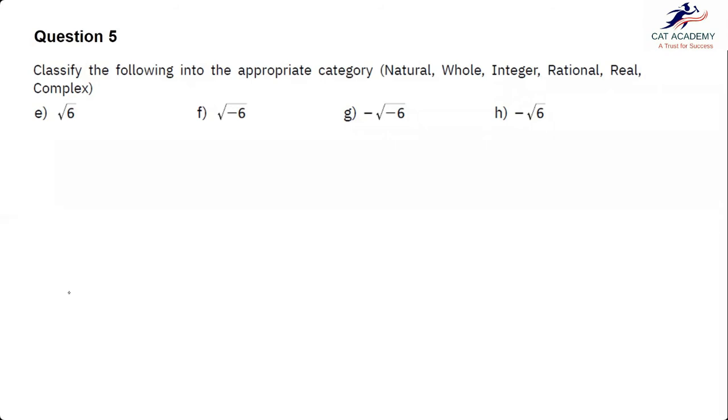Let's check the answers. First one is real, second one is complex, third one is complex, and fourth one, integer. No, how can it be integer? Square root of 6. Is it a perfect square? No, right?